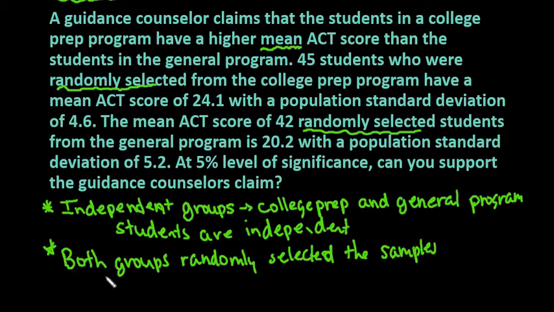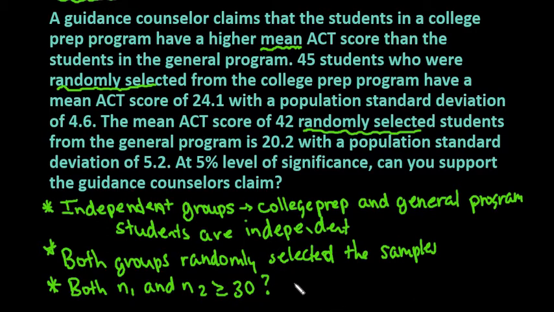Okay, the next one is in order for the central limit theorem to kick in, in order for you to end up with that bell-shaped curve, both n1 and n2 have to be greater than or equal to 30.